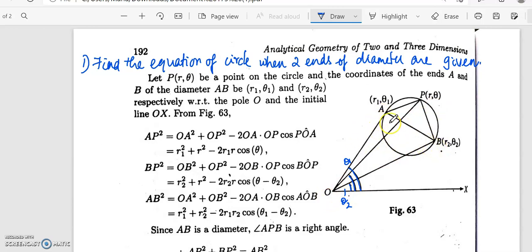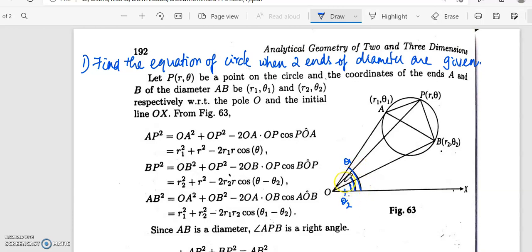Now let us first consider the triangle OAP. In the triangle OAP, by the property of the triangle, AP square will be equal to OA square plus OP square minus 2 OA OP into the angle opposite to AP. The angle opposite to AP is angle POA. Now POA will be theta 1 minus theta.